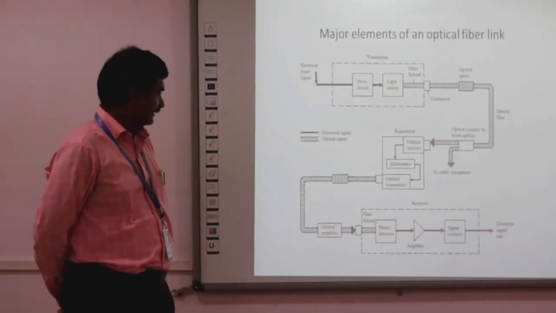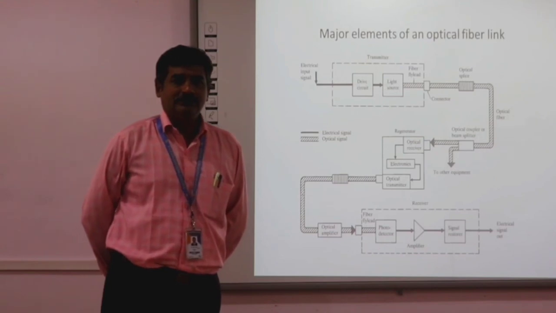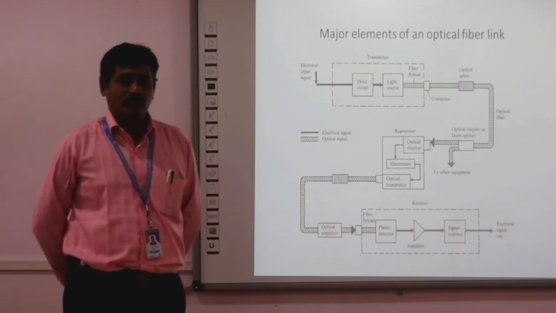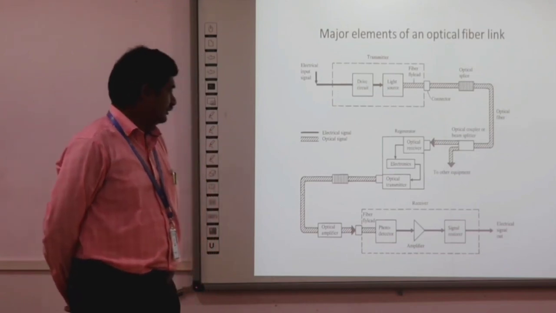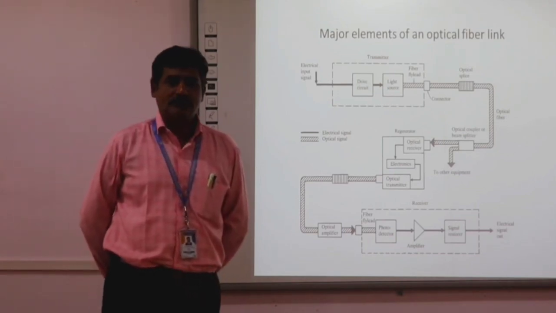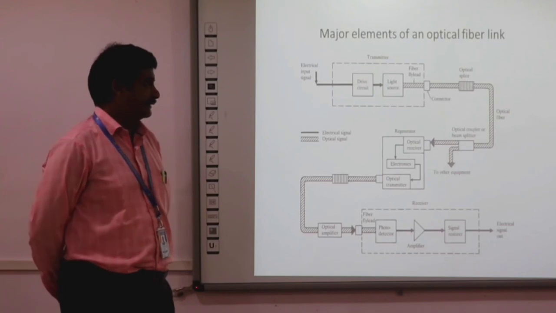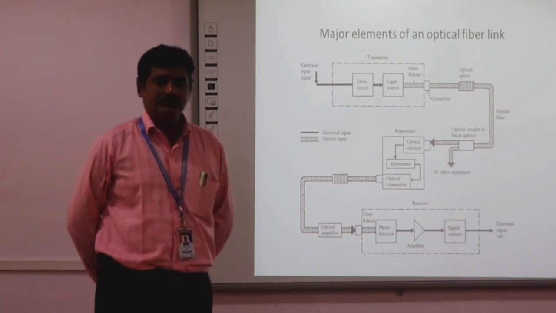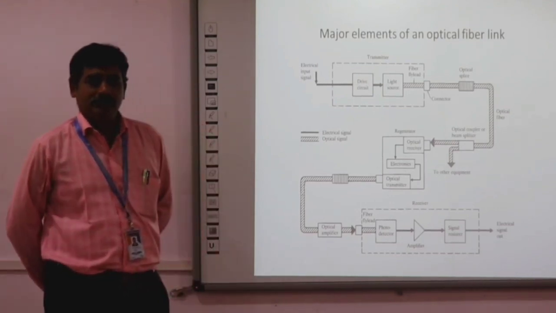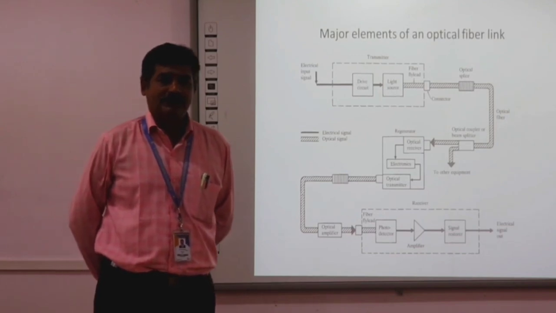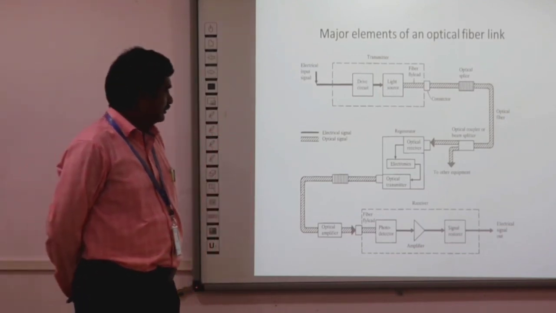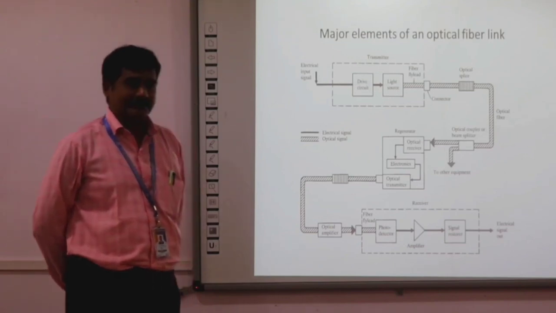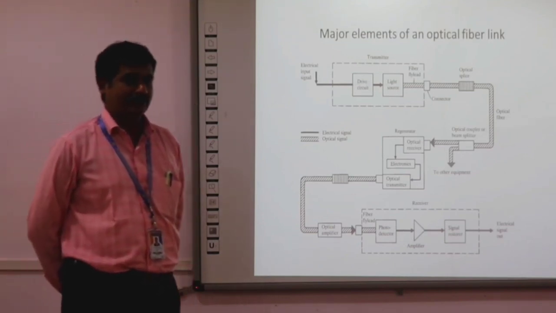Now an electrical signal is obtained at the output of the photodetector, so we can use an electrical amplifier, and the signal is restored by using the signal restorer, and the final electrical signal is obtained at the receiver.